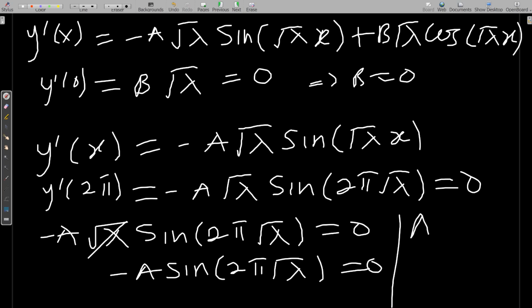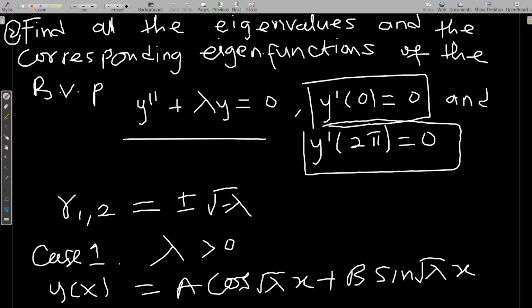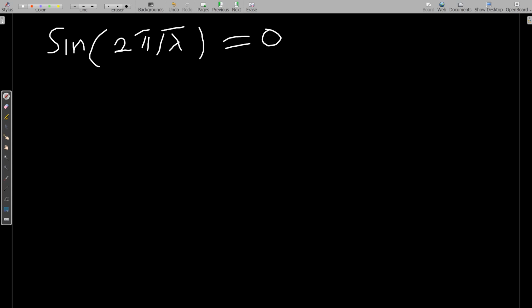So here a is not equal to 0. This will imply that the sine of 2 pi square root of lambda should actually be equal to 0.